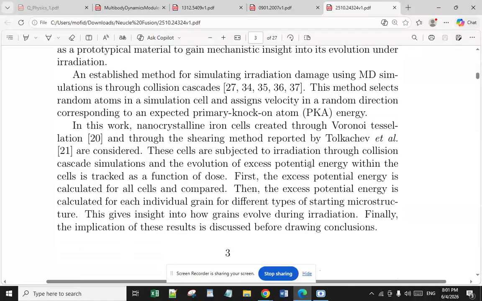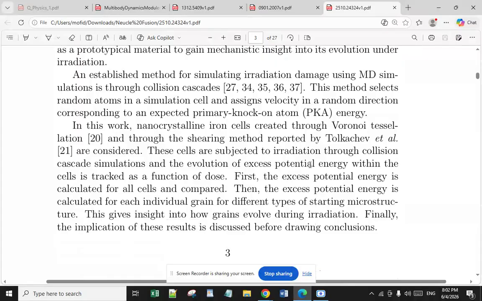An established method for simulating radiation damage using MD simulations is through collision cascades. This method selects random atoms in a simulation cell and assigns a velocity in a random direction corresponding to an expected primary knock-on atom energy.